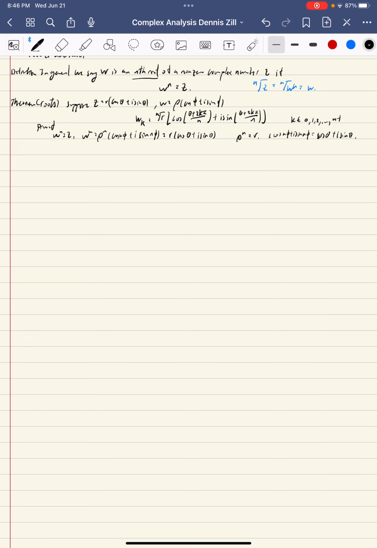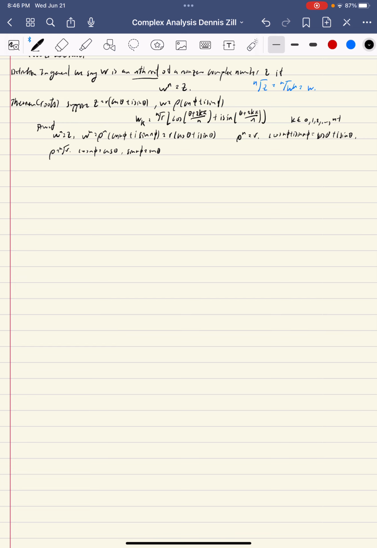And now by this equation we can do rho is equal to the nth root of R. We take the nth root of both sides, and we know that cosine of n phi is equal to cosine of theta, and sine of n phi is equal to sine theta, right?